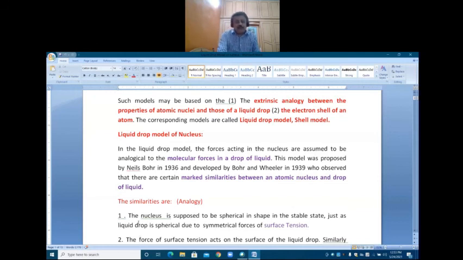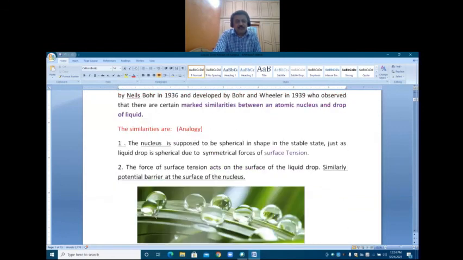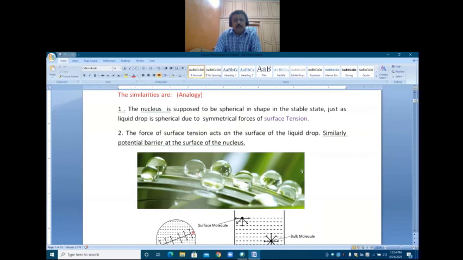You may be surprised to see what the similarities are. If you look at a drop of water that is formed on a leaf, you can see a large number of drops. One drop, if you see it, is spherical in shape. So a drop of liquid is spherical in shape. Why?